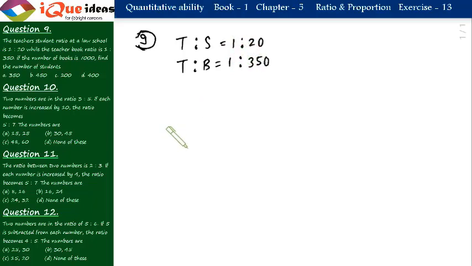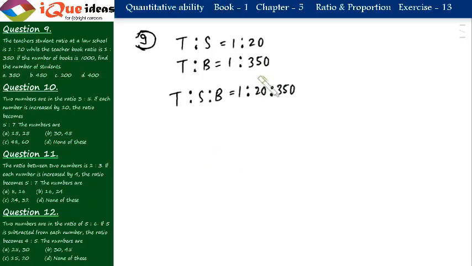Here we have to combine these two ratios, and T is the common quantity, and the value of T is the same. So straight away we can combine T is to S is to B, that is teacher to students to books, that will be 1:20:350. And the question clearly mentions that the number of books is 7,000.